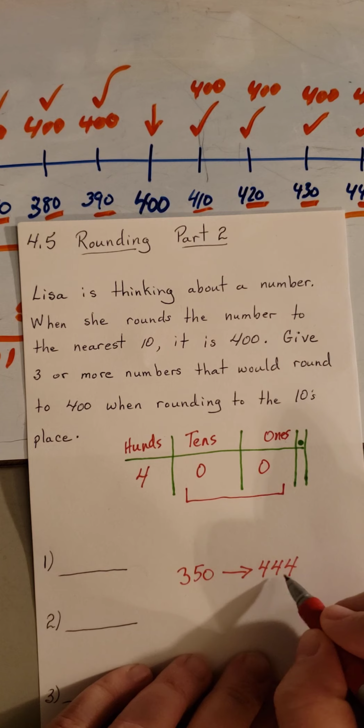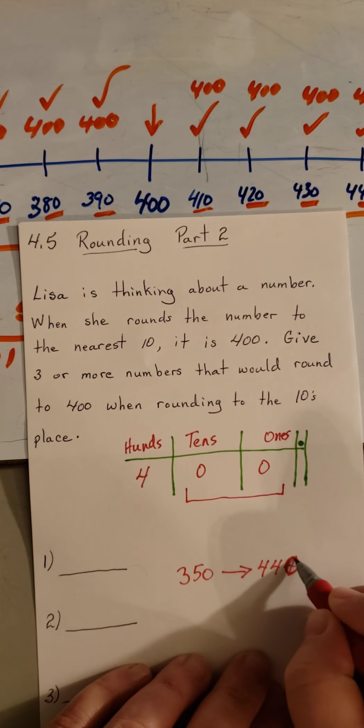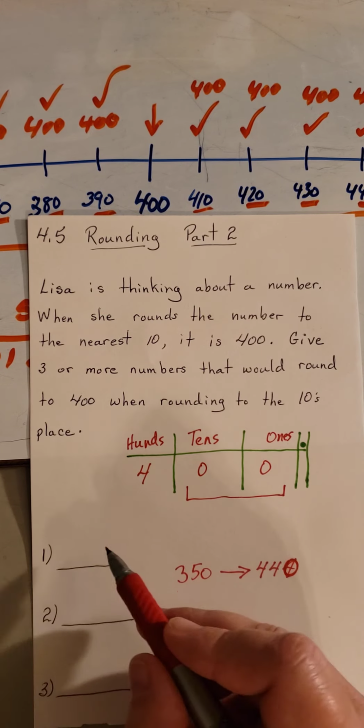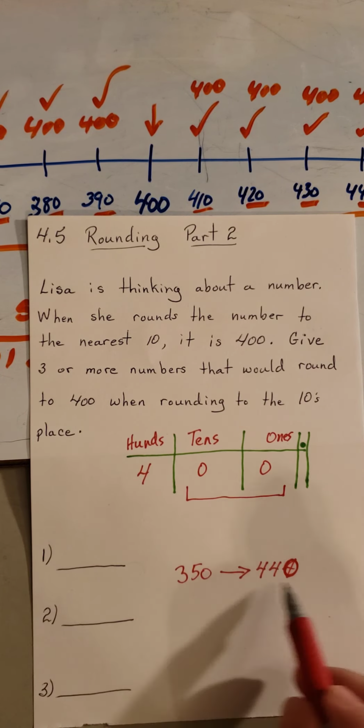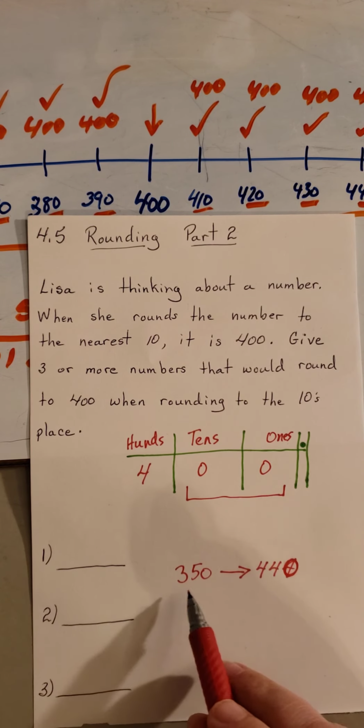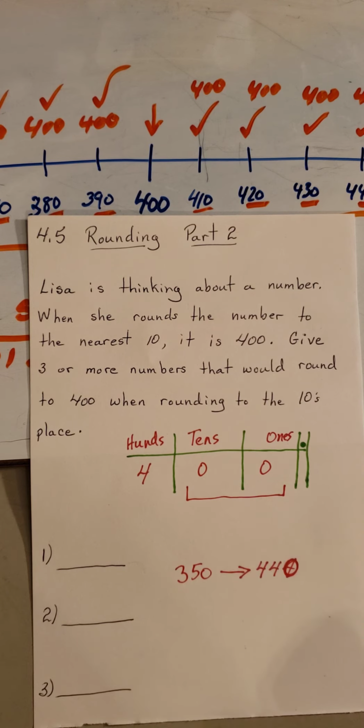But let's just keep it as 440 to make it easy. Okay. But all of those would be correct answers. Any number in that set between 350 and 440 could be my answer. They would all be correct.